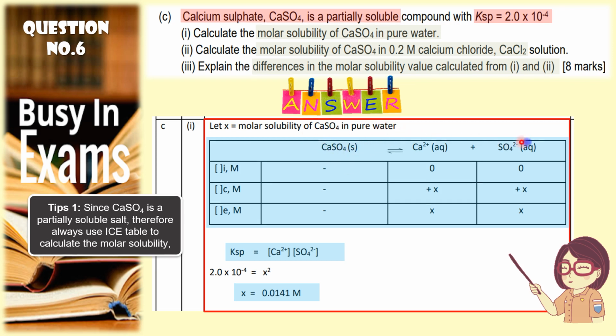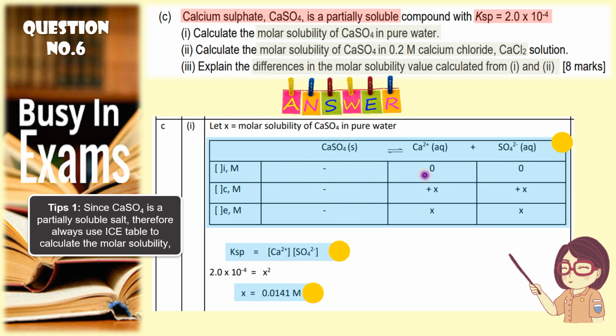write the equation. Since calcium sulfate is partially soluble, you have to use a reversible arrow here, and the phase for the salt should be solid, and it will produce cation Ca2 plus aqueous and SO4 2 minus aqueous. Right, so for the initial concentration, since the salt is solid, just write dash dash dash.